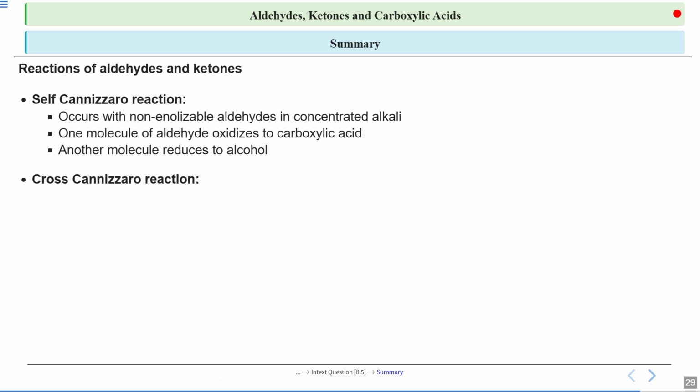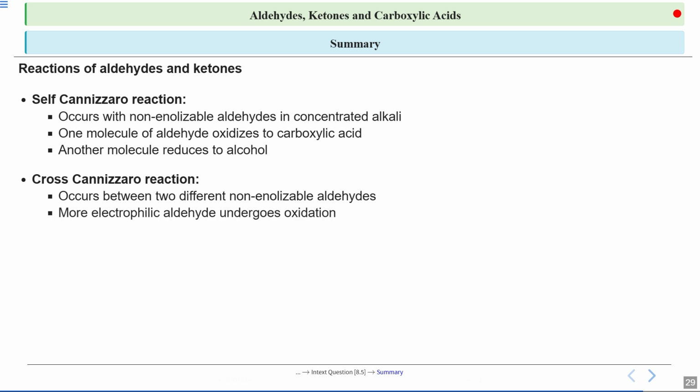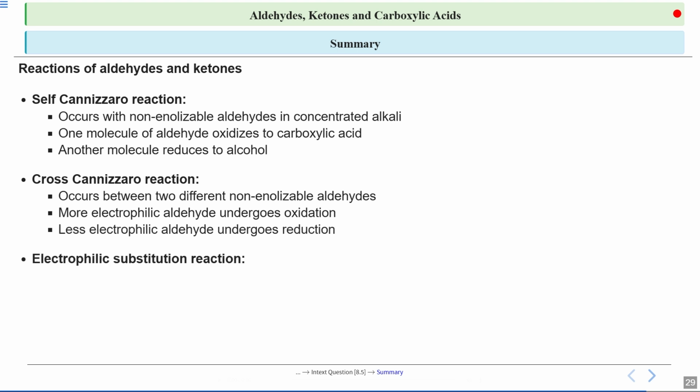Then we talked about the cross-Cannizzaro reaction. It occurs between two different non-enolizable aldehydes, where the more electrophilic aldehyde undergoes oxidation, whereas the less electrophilic aldehyde undergoes reduction. Then we talked about electrophilic substitution reaction. In this reaction, the carbonyl group is a deactivating and meta-directing group.